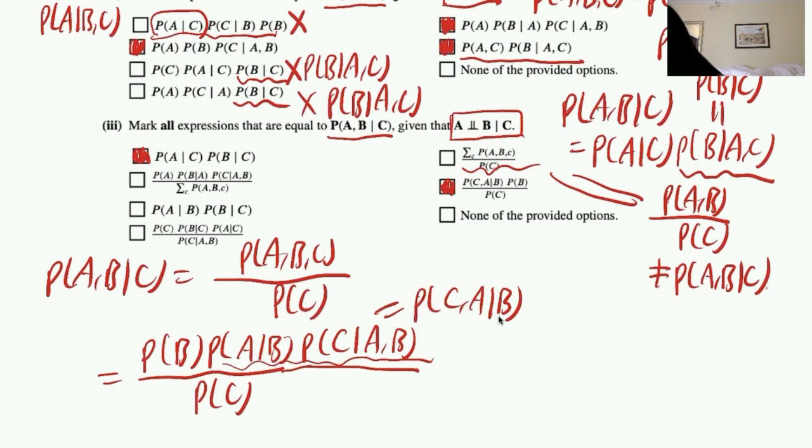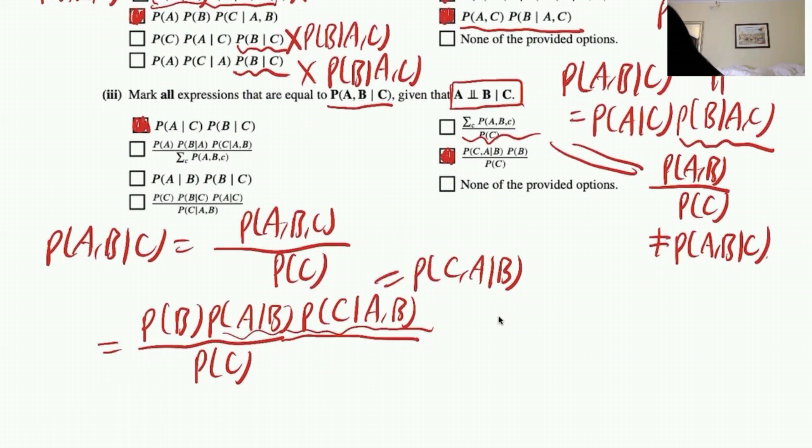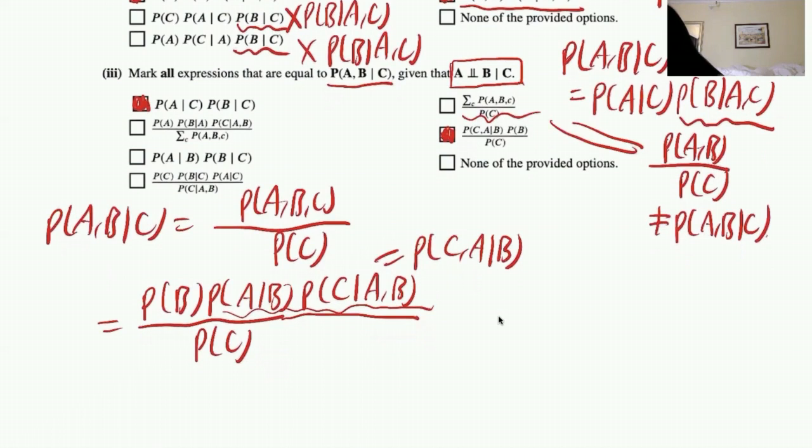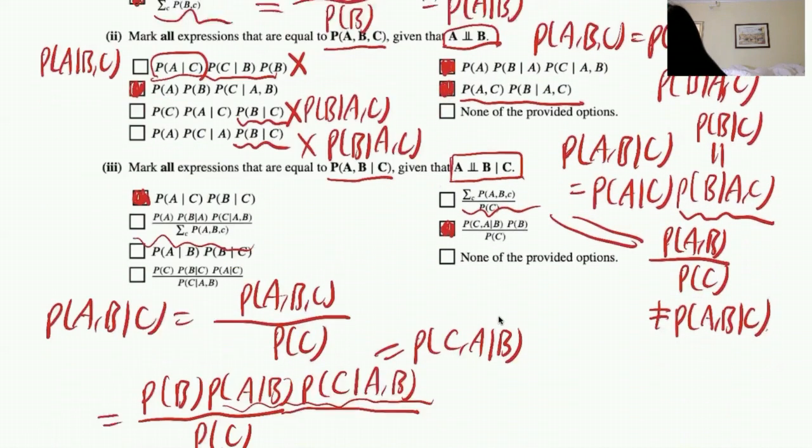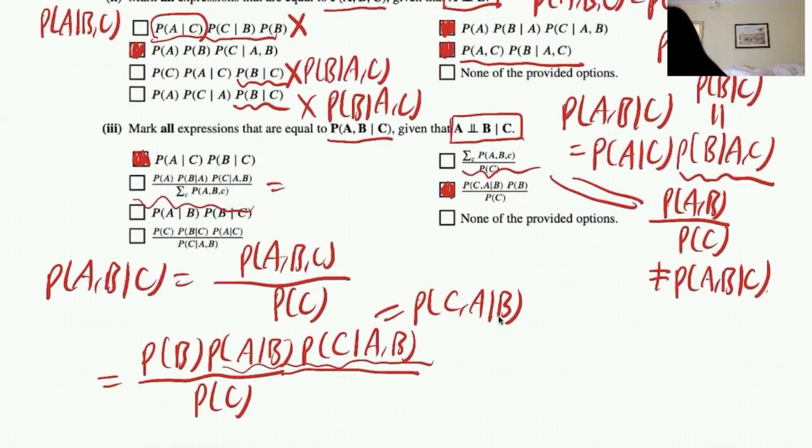But then for the third choice, it is actually equal to the probability of ABC divided by the probability of AB. So it should be the probability of C given AB.